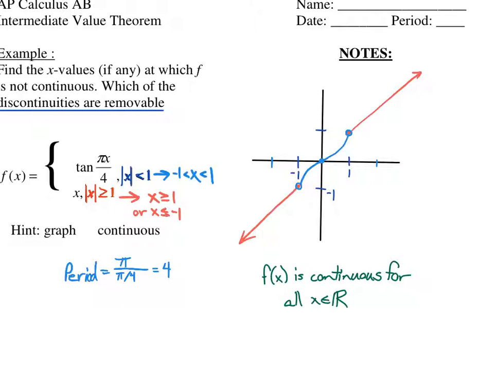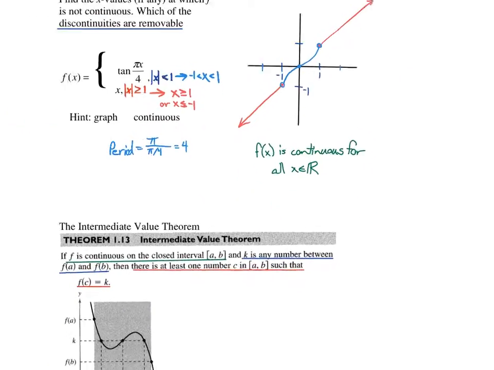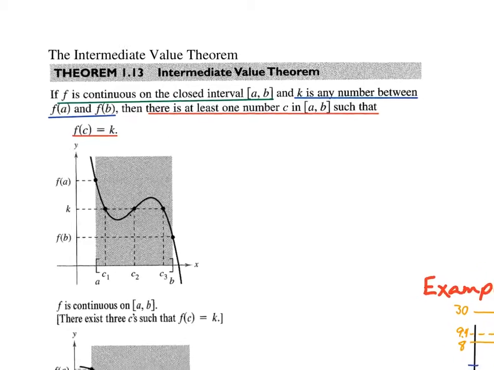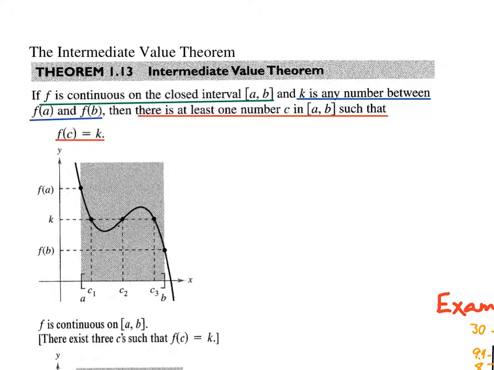Well, we're actually going to illustrate our intermediate value theorem using this function in a little bit. So let's look at what the intermediate value theorem is actually saying. It says here, if f is continuous on the closed interval from a to b.